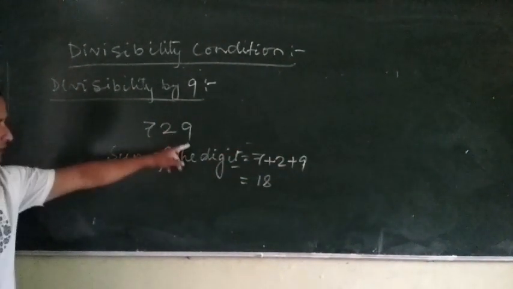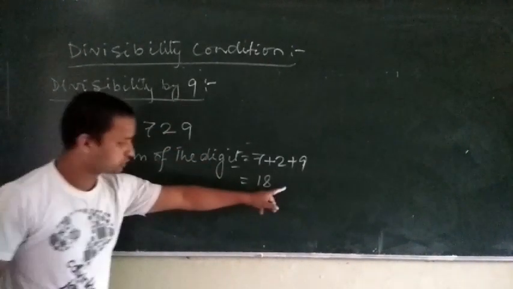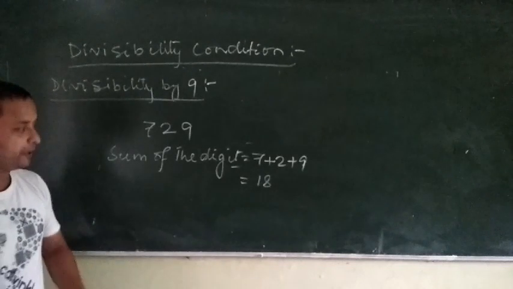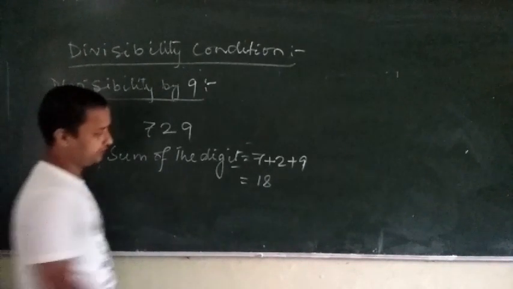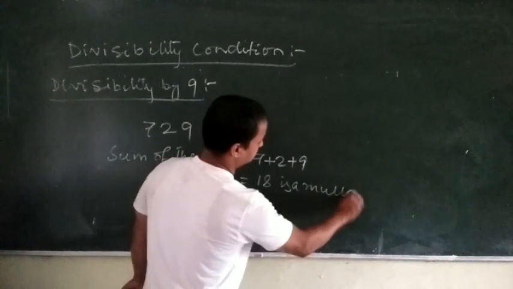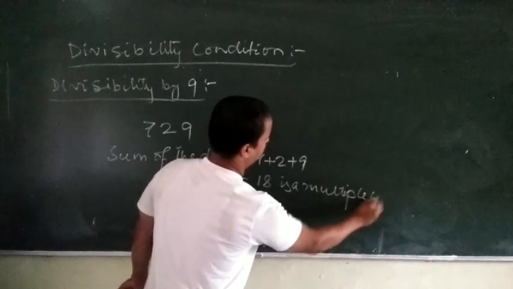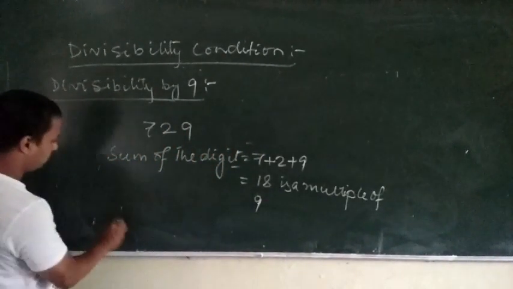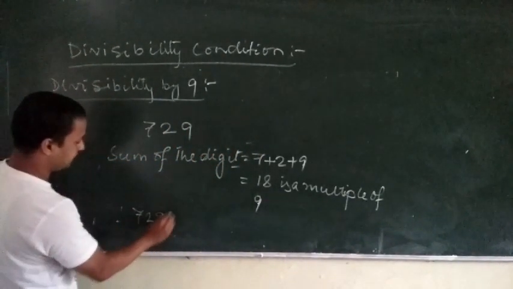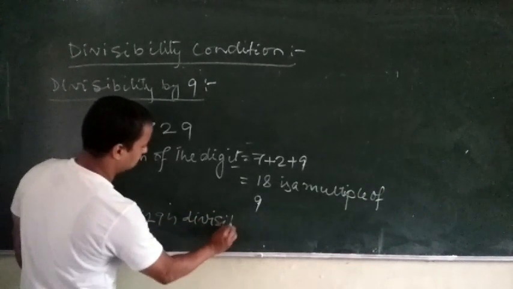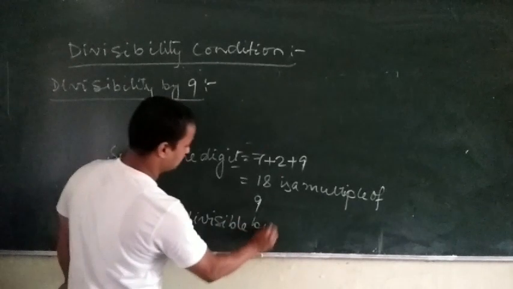But in case of 9, the sum of the digits should be a multiple of 9. 18 is a multiple of 9. Okay, therefore 729 is divisible by 9.